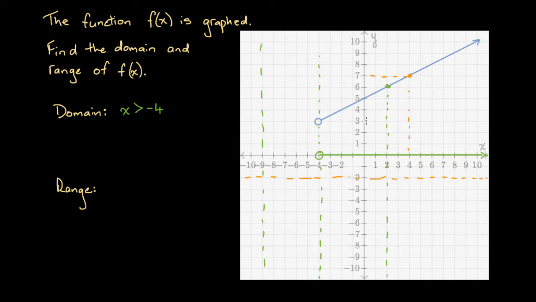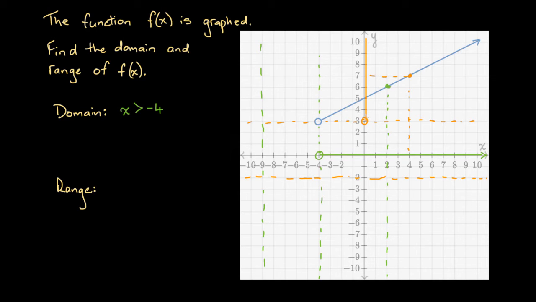In fact, all y values greater than y equals 3 are part of this range. If we were to project this graph on the y-axis, this is the line segment that we'd get. We'd get an open point here, indicating that y equals 3 is not an output. In other words, this dotted line does not intersect with this function because this is an open point.